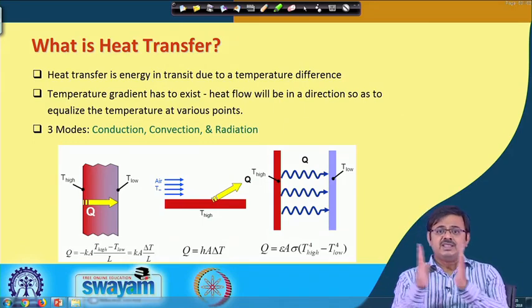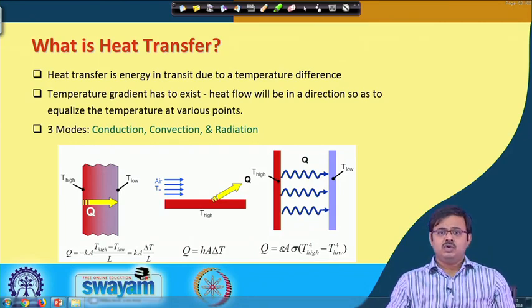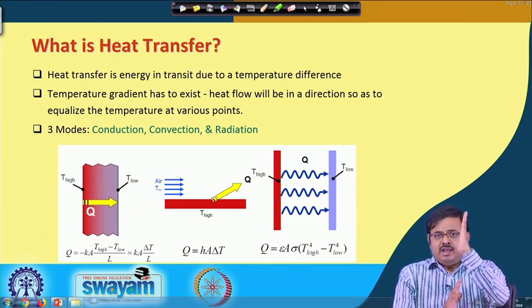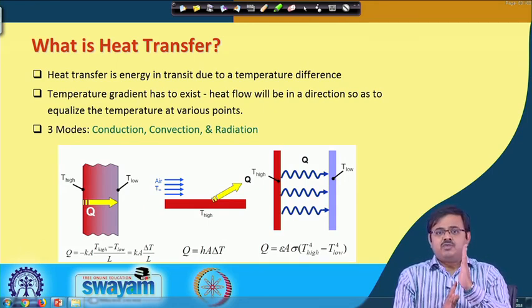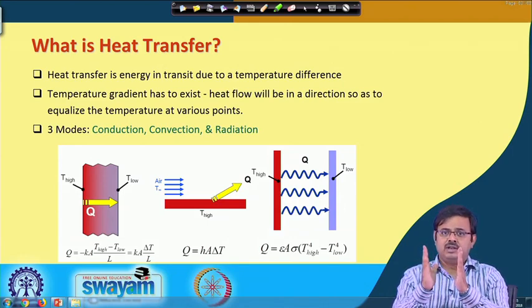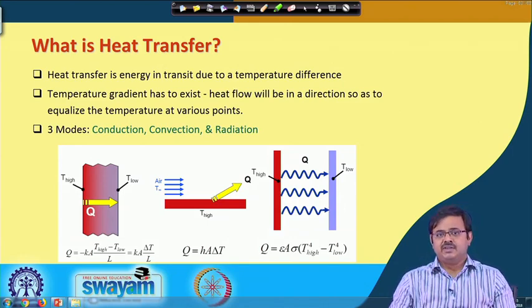Now, what is the net exchange between the two? If you have two such surfaces, the radiation emitted by surface 1, part of it falls on surface 2. Similarly, the radiation emitted by surface 2, part of that falls on surface 1, and the net exchange therefore is the difference of the two.